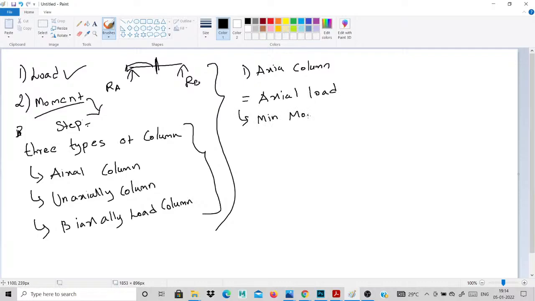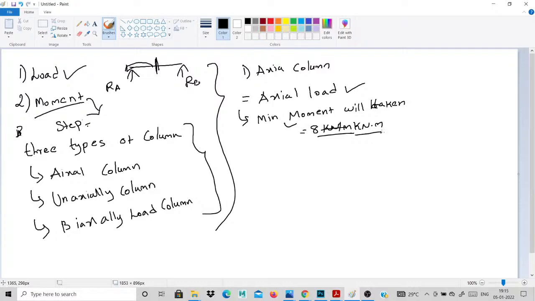Only axial load will be taken, otherwise the minimum moment. You provide the minimum moment of 8 kilonewton meter for your axial columns.